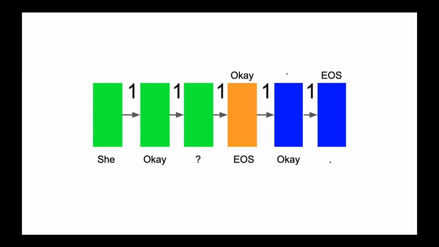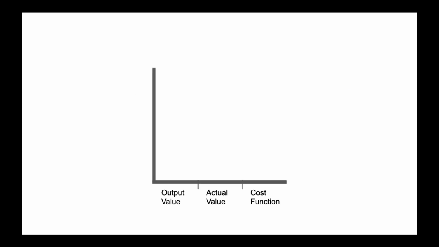So after it gets an output from the SEQ2SEQ model, it will then compare the output to the output that is supposed to come out. The output in this case was "okay, period," and the output that was supposed to come out was "I hope so." And these do not match. So what happens? It then figures out the cost function.